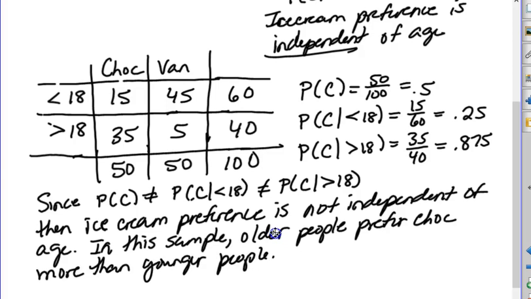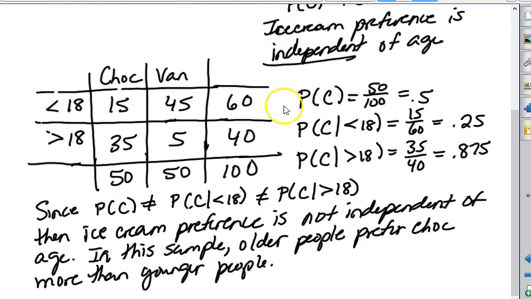So there is a distinction. If we know the age, then we know that the ice cream flavor preference changes. Hopefully this clarifies what is meant by independence, and that'll help you with problems where you have to prove independence.